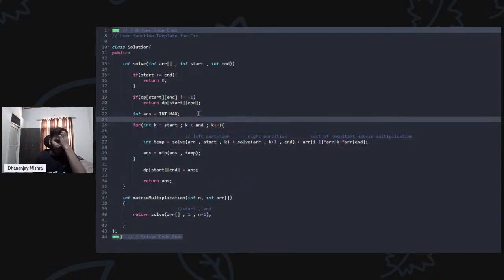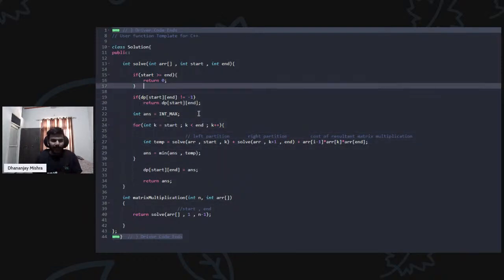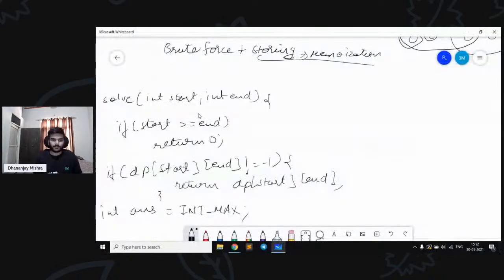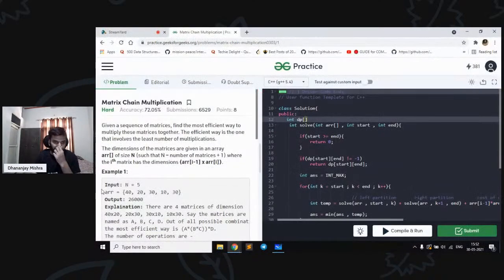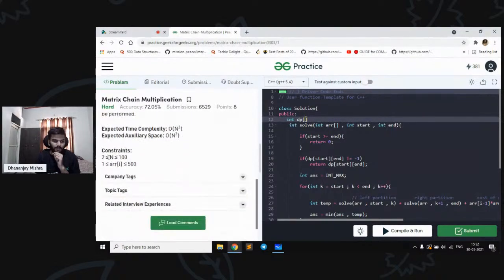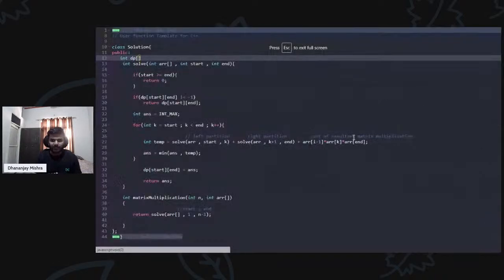Now we will create a DP array, right? So how will we create a DP array? As you can look here, the maximum dimension of this array was 100, right? So I will take the worst case, that is the maximum dimension, because we are declaring it globally.